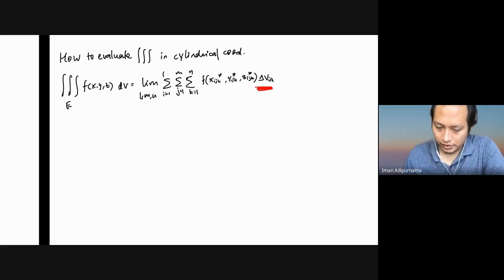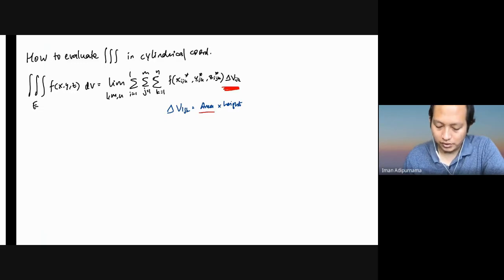So in cylindrical, let me write, the volume is actually area multiplied by height, right? Because we have done polar, the area will be the polar, which in our terms now becomes r_i delta r_i and delta theta_j, right?